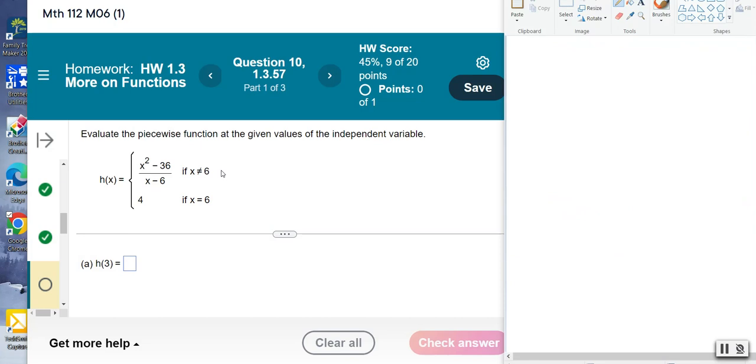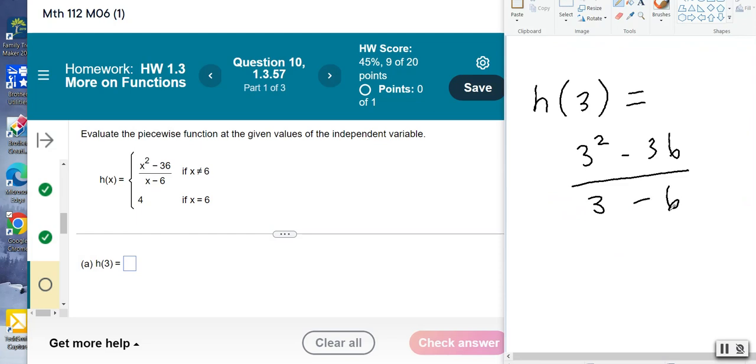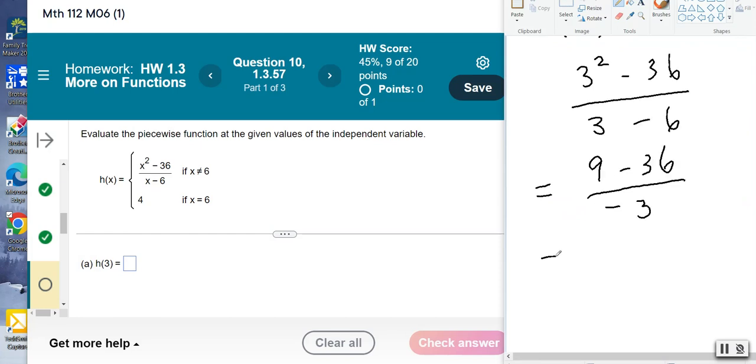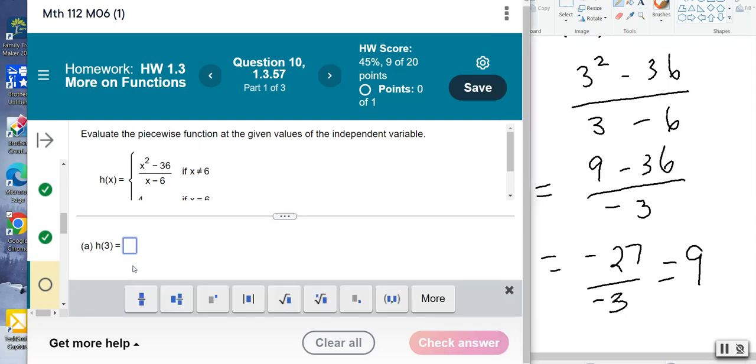So h of 3 would be 3 squared, subtract 36, over 3 minus 6. I need to do the numerator first, 9 minus 36, then the denominator, 3 minus 6 is negative 3. That will give me a negative 27 divided by a negative 3, which is 9. So h of 3 is 9.